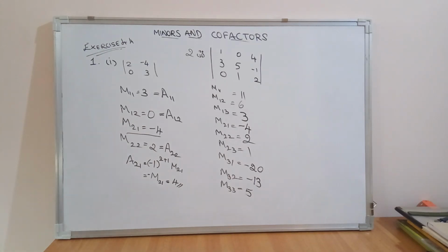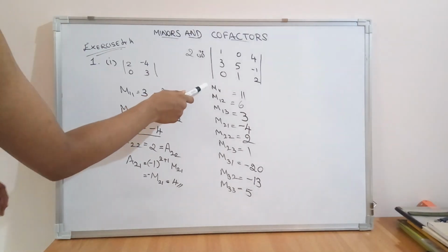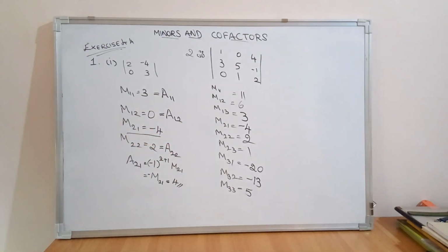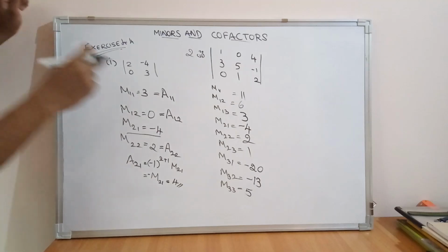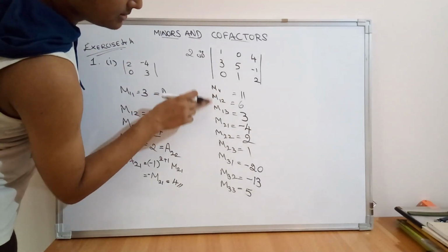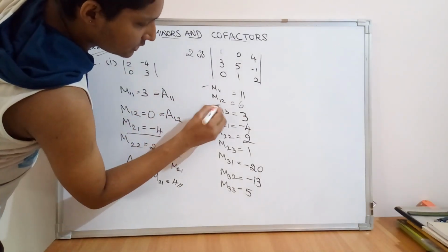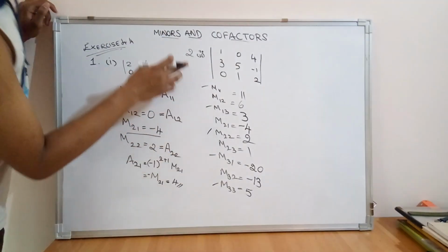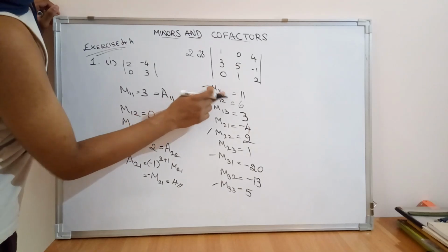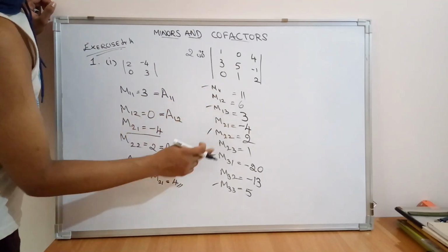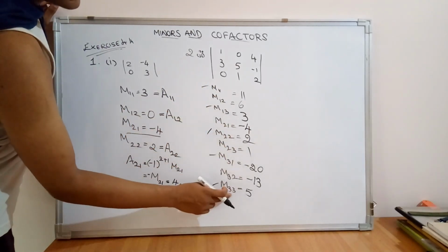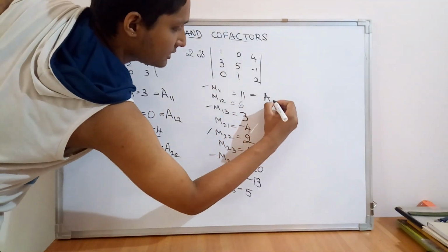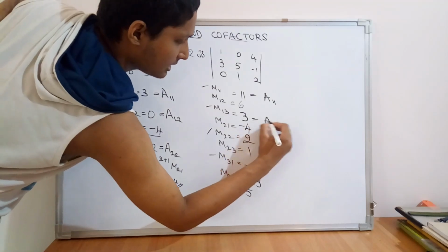We'll take the alternate elements here. See the alternate elements, 1, 2, 3, 4, 5. Yeah, these 5 elements, because 1 plus 1 is even, 1 plus 3, 2 plus 2, 3 plus 1 and 3 plus 3 are going to be even.